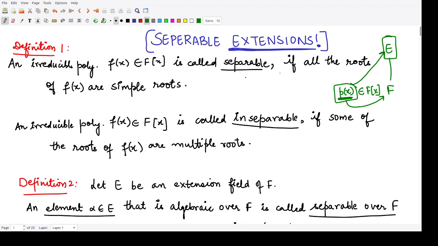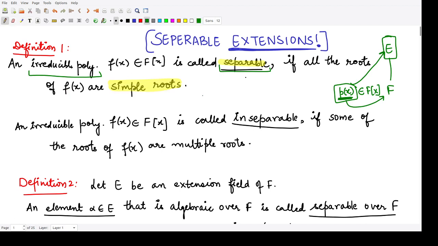So for that we first define when you can call an irreducible polynomial a separable polynomial. Suppose you have some polynomial f of x belonging to F of x. You call that separable if all the roots of this polynomial are simple roots. What do you mean by simple roots?